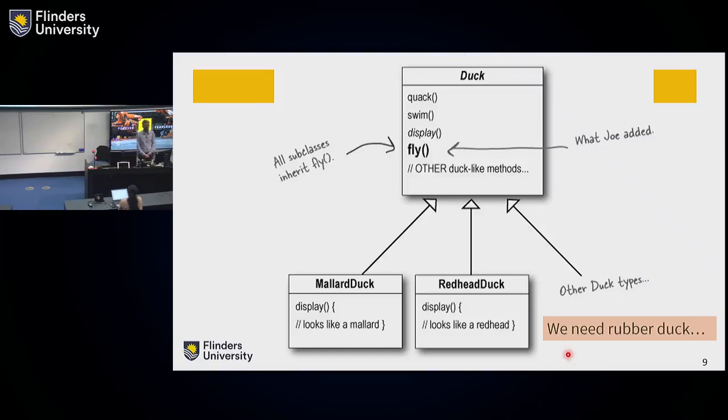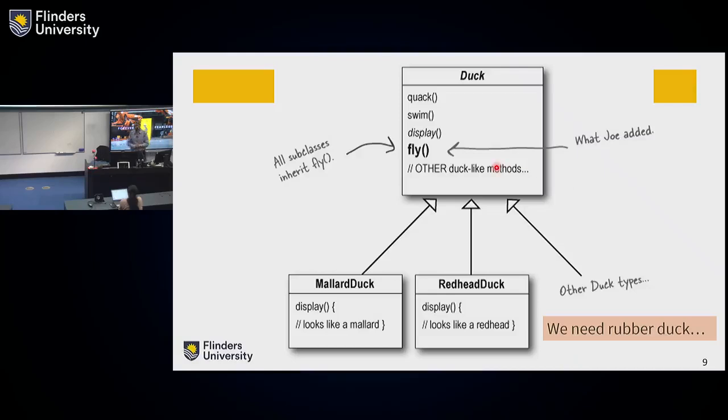Previously, inheritance was very powerful: just add it in the parent class. But now this new change is quite challenging. We need a rubber duck, and a rubber duck does not quack. It may squeak, the sound would be different, but it definitely does not fly, and we have a fly feature over here.